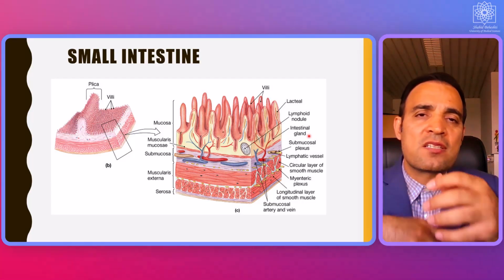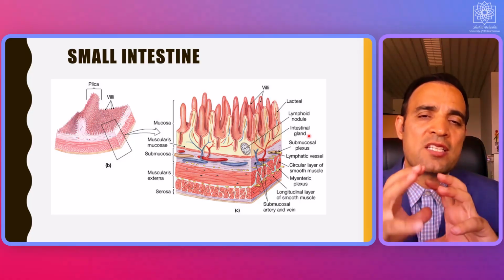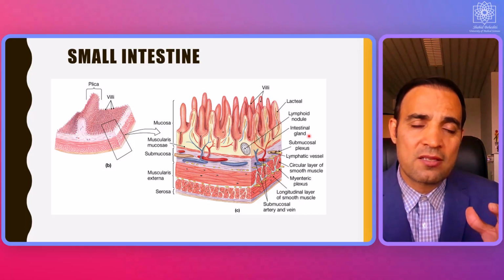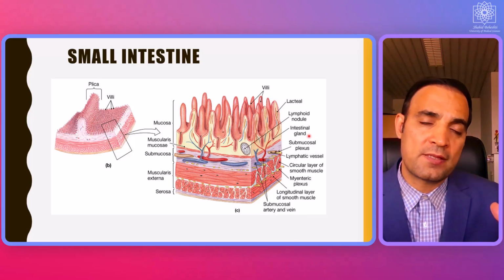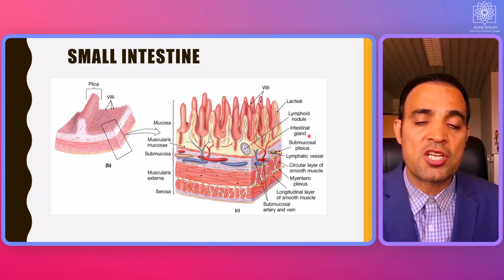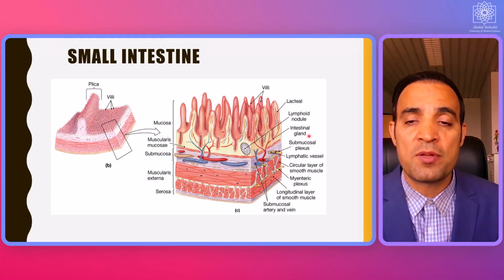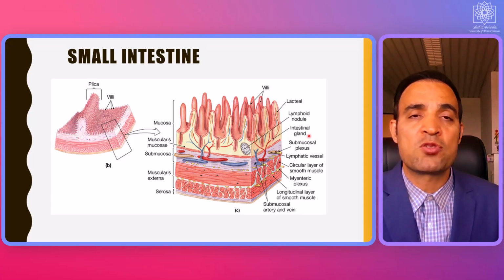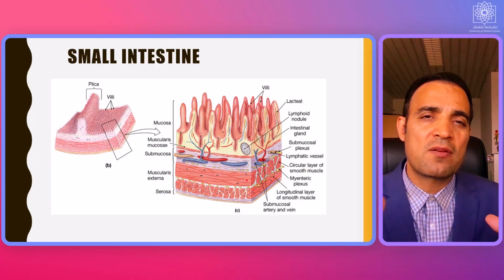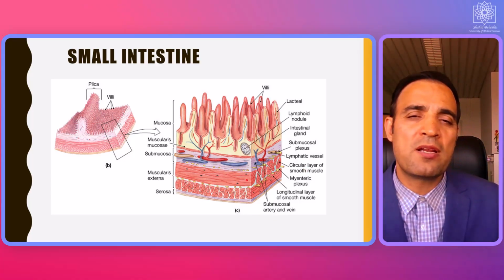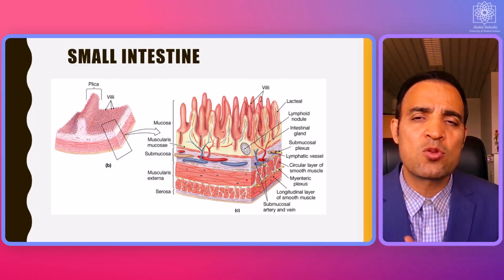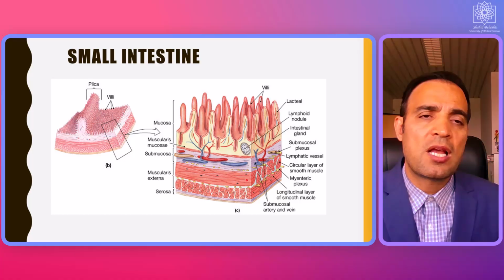And when food is turning down and up and mixing all the time, this type of contact will be potentiated, and therefore it will be better for absorption. And as you see, there are several capillaries and veins and also the lymphatic system to be able to absorb the absorbable content.